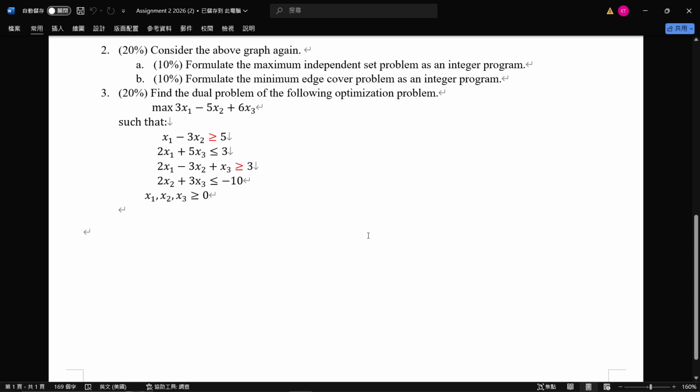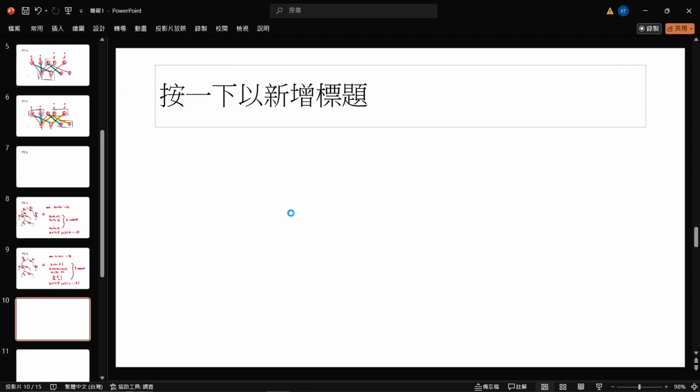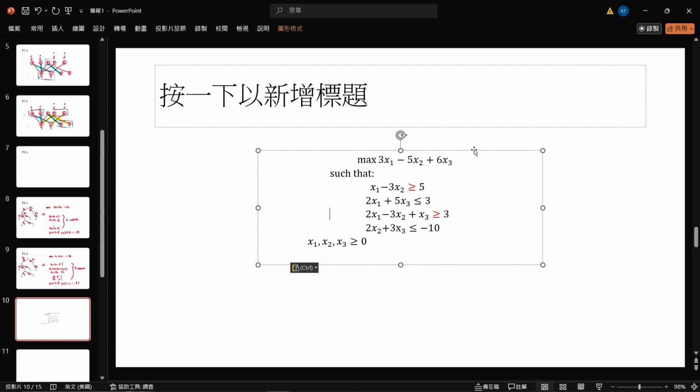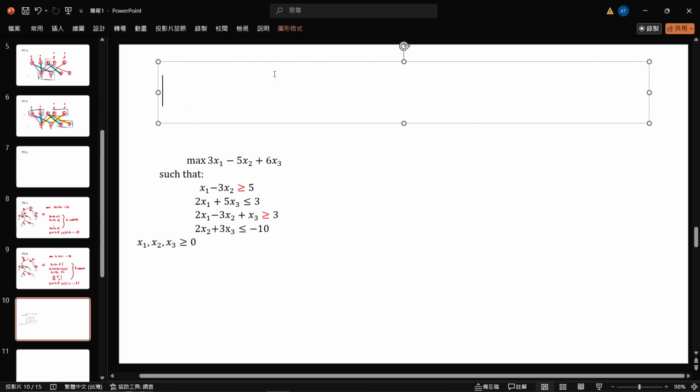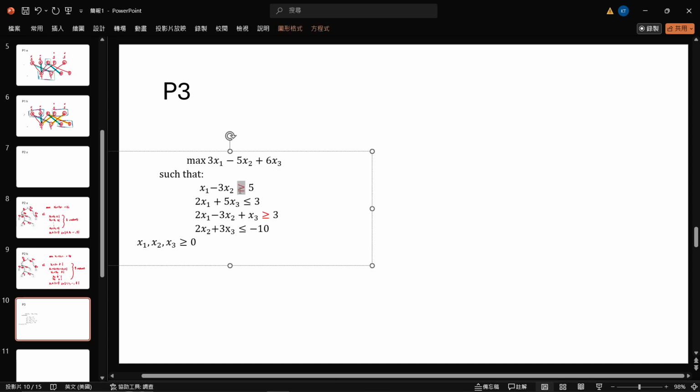Okay, so the next problem is to find the dual problem, okay? Before you apply the procedures for primal-dual transformation, you have to be careful that the sign of these inequalities must be consistent.